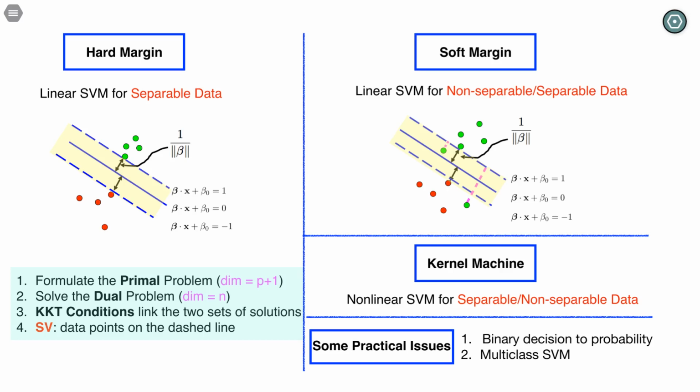After discussing soft margin and kernel machines, at the end, I will talk about some practical issues with SVM. Number one, as I mentioned before, in SVM we just learn the decision boundary. So it's different from logistic regression or discriminant analysis. Here, there's no probability.